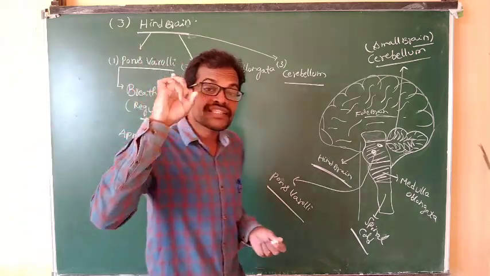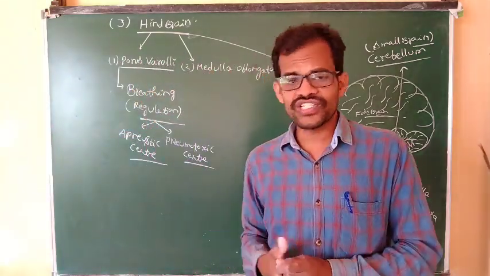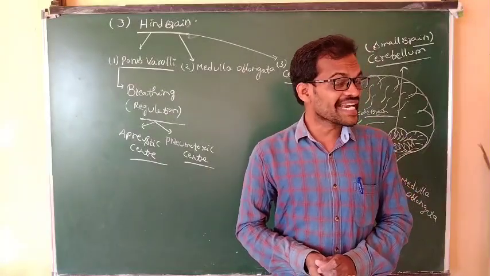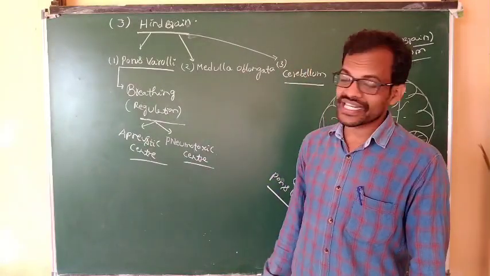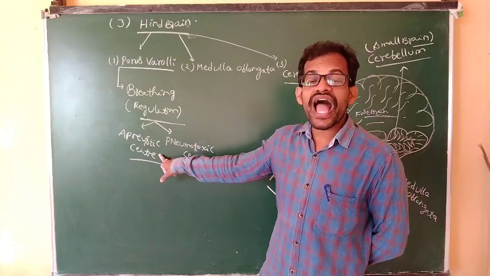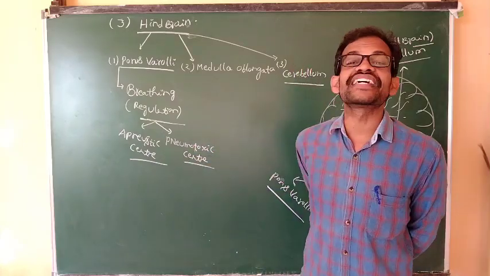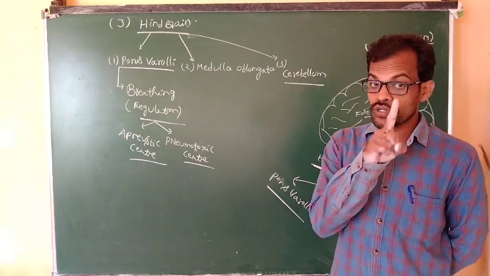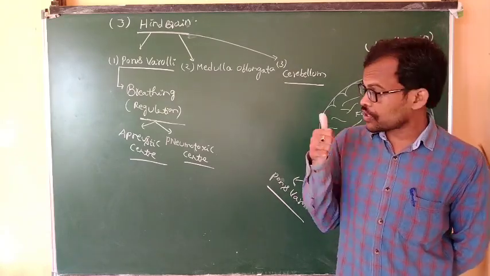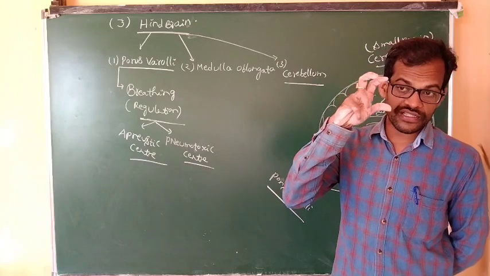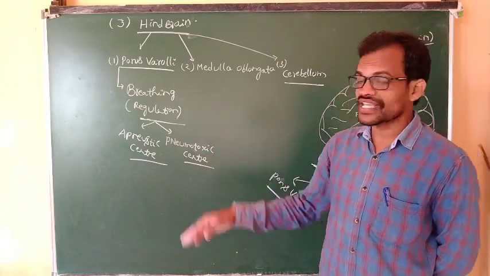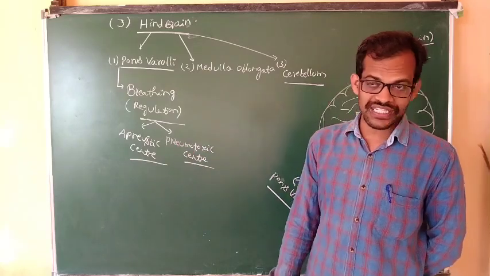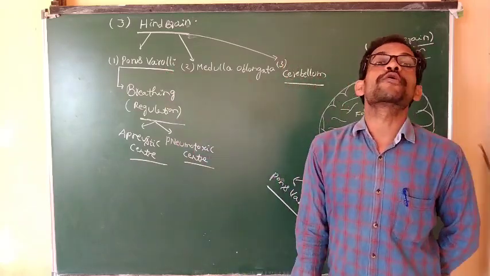We already discussed this in the breathing and exchange of gases. The pneumotaxic center controls and reduces the inspiration rate. Once you go back, revise breathing and exchange of gases. The pneumotaxic and apneustic centers are located in the pons varolii.